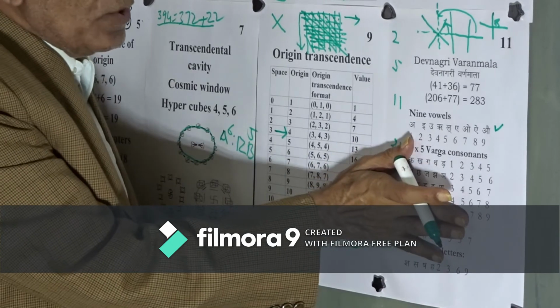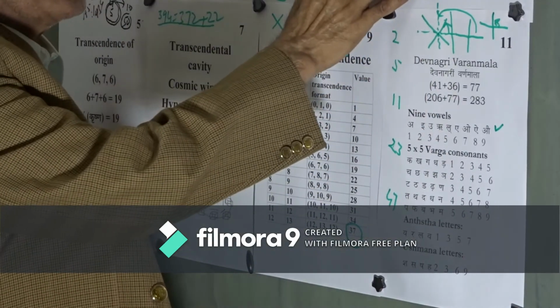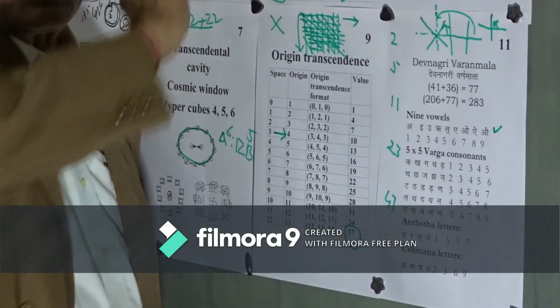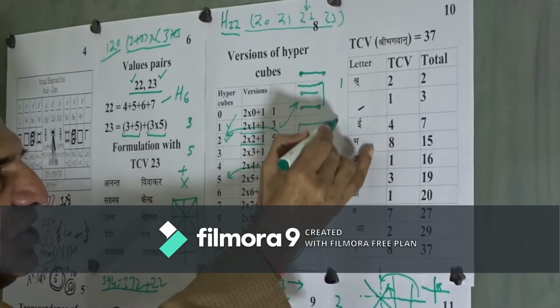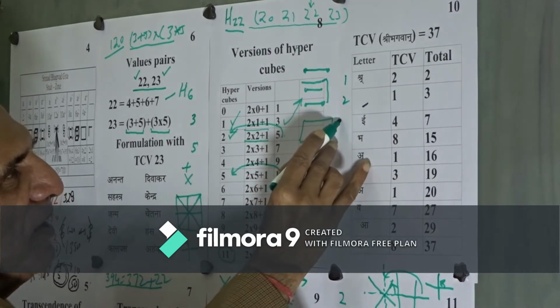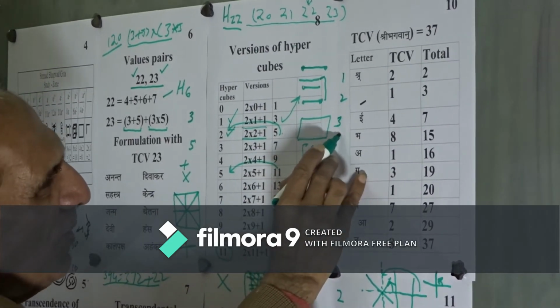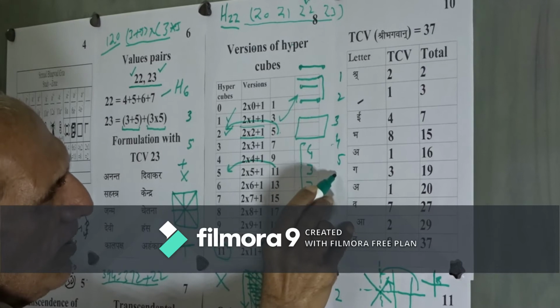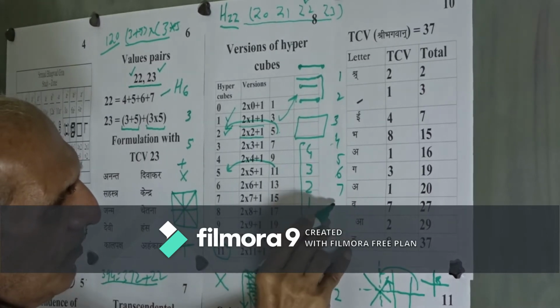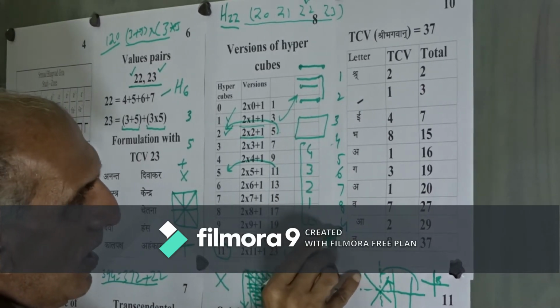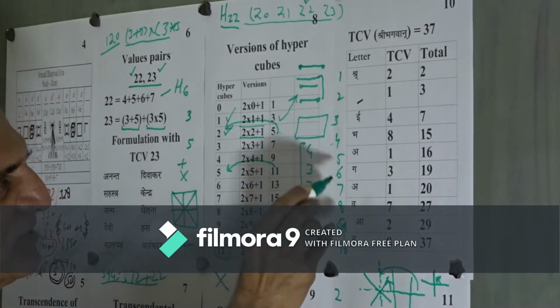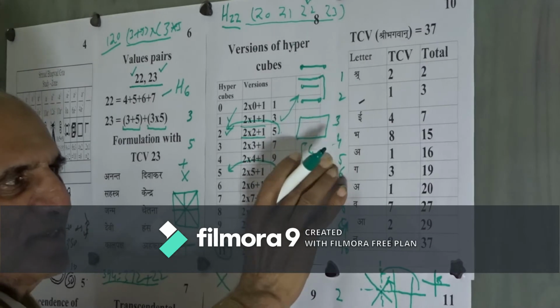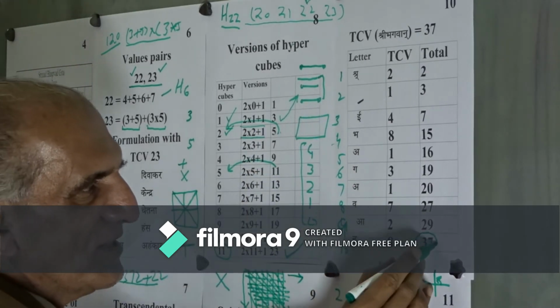If these values are associated to the formulation Shri Bhagavan, these letters Sha, Ra, E, Bha, A, Ga, A, Va, A, and Na, these 10 letters take us to value 37.